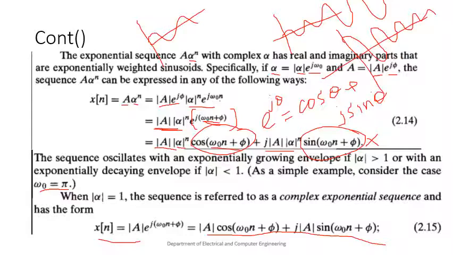So we will only be left with this real quantity. We will not have any complex part here. But when we consider alpha magnitude equal to 1, this sequence is referred to as complex exponential and has this form. Let's move on to the next slide and simplify it further.